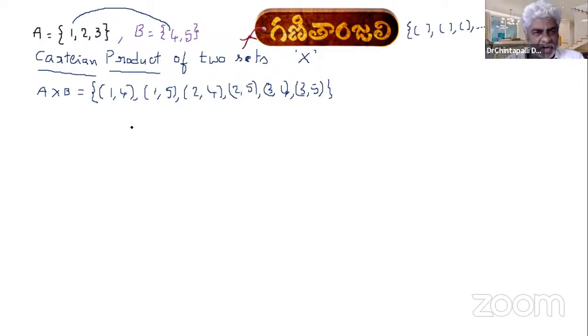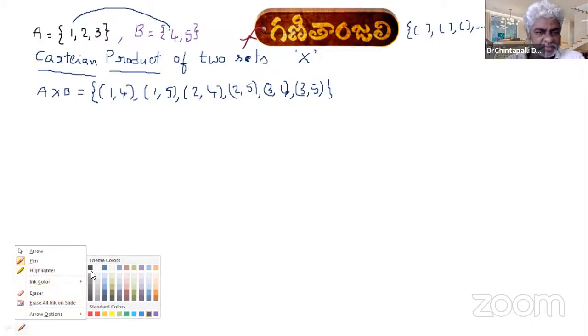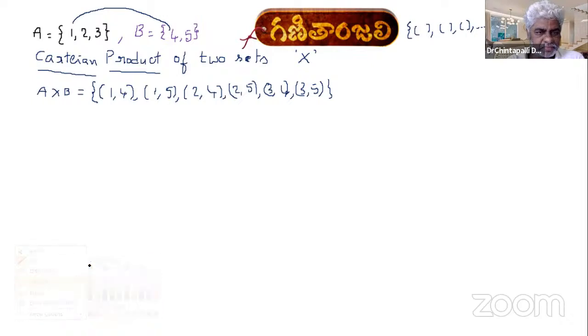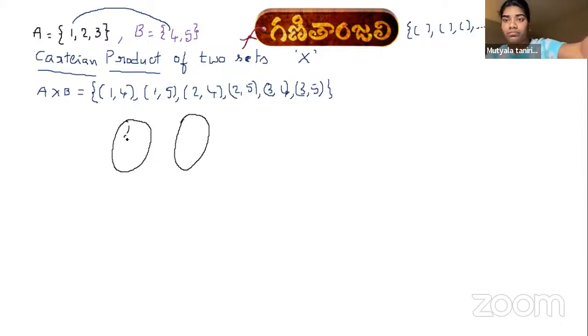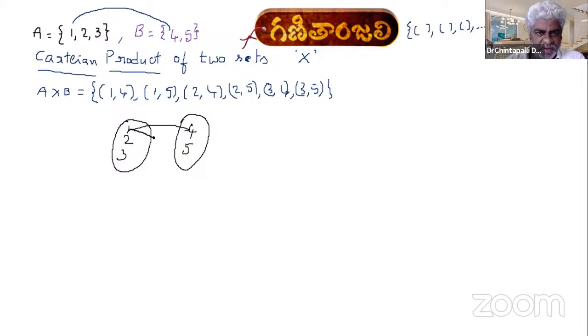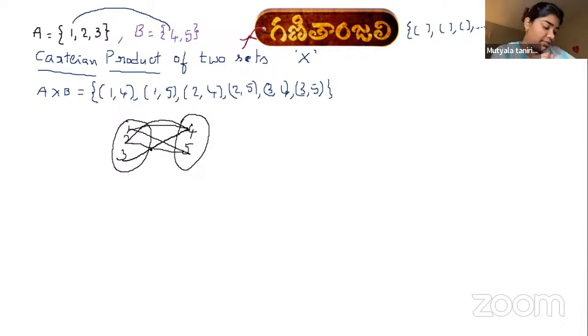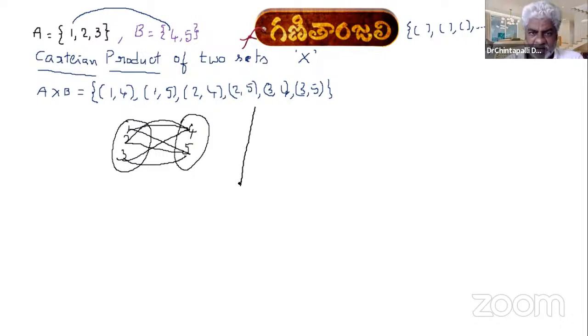The same Cartesian product can be expressed through a diagram. The diagram has 1, 2, 3 and 4, 5, with pairs 1, 4; 1, 5; 2, 4; 2, 5; 3, 4; 3, 5. The same can be expressed on a graph also.